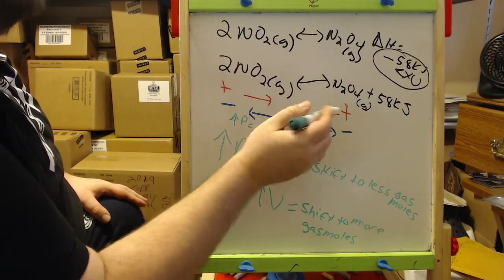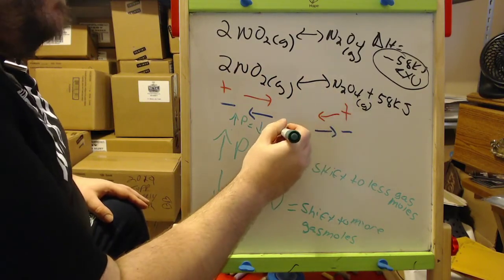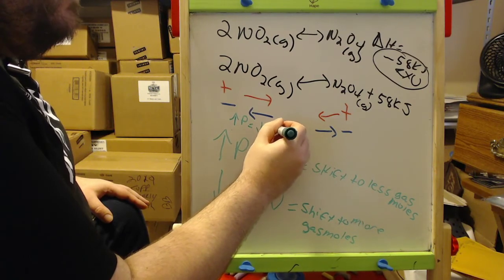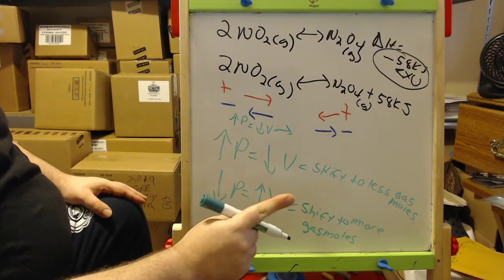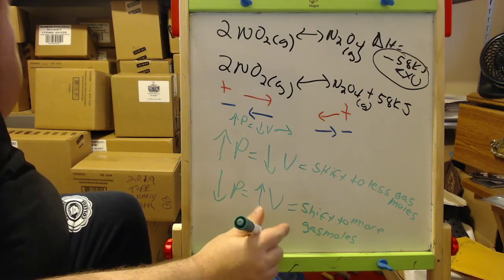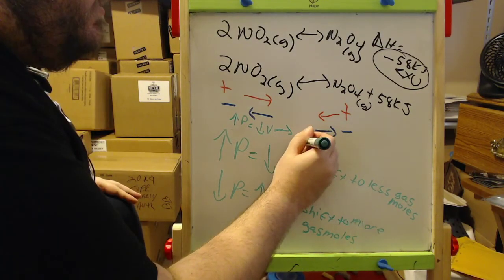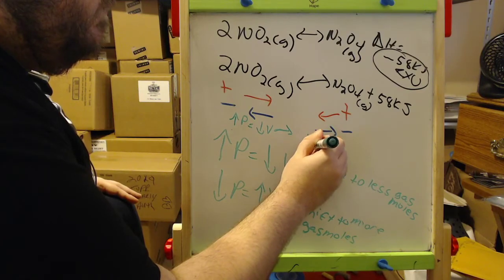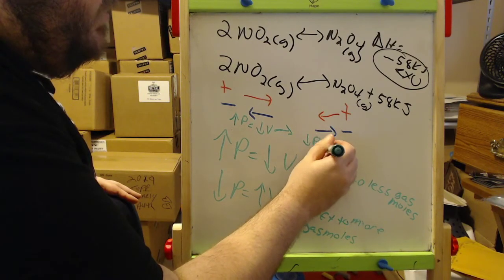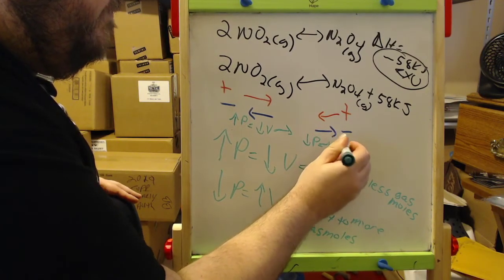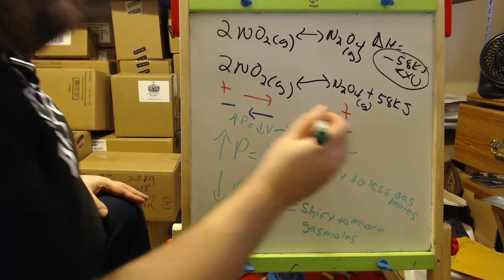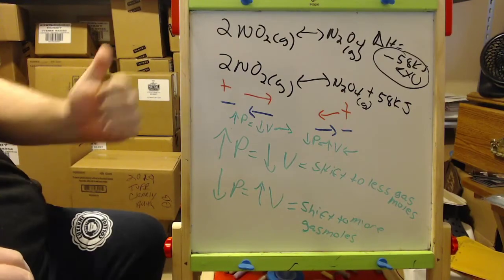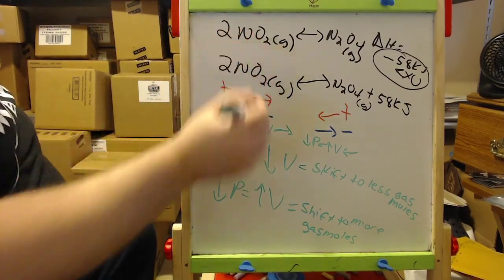This has 2 moles of gas, this has 1 mole of gas, so I would shift this way towards N2O4. If I were to decrease the pressure or increase the volume, I would shift that way, back towards the more moles, NO2.